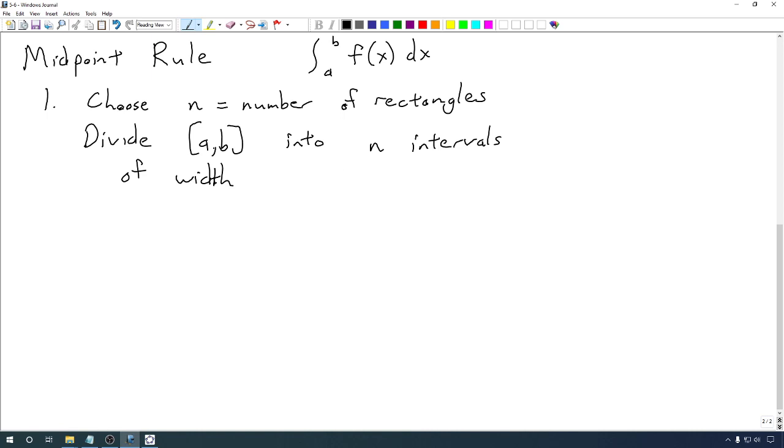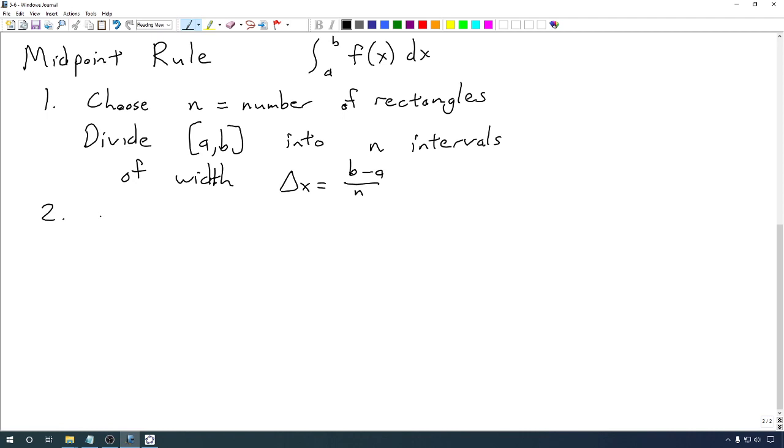Well, if we're dividing a to b, the length of the interval is b minus a, and we're dividing it into n pieces. But we're going to call that number delta x. And we're going to say that delta x is the width of our rectangles.